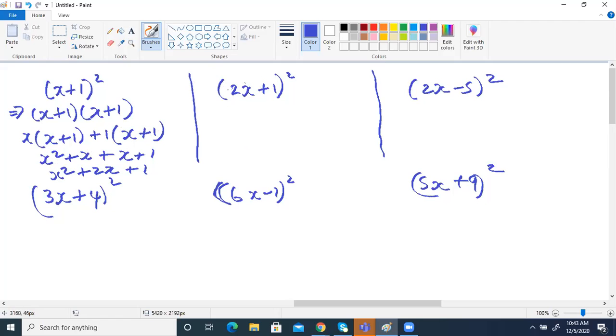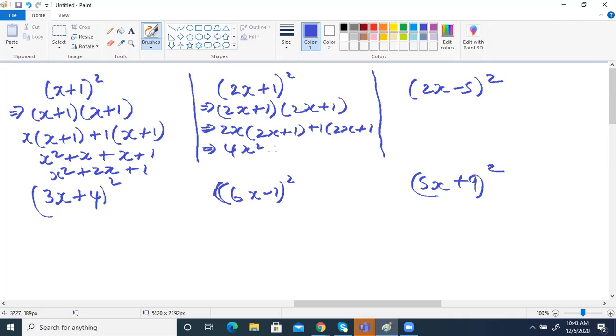So again, you write out what 2x plus 1 squared means. It means you multiply the thing by itself. So we know to work this already, and this becomes 4x squared plus 2x plus 2x plus 1. So it's 4x squared plus 4x plus 1.